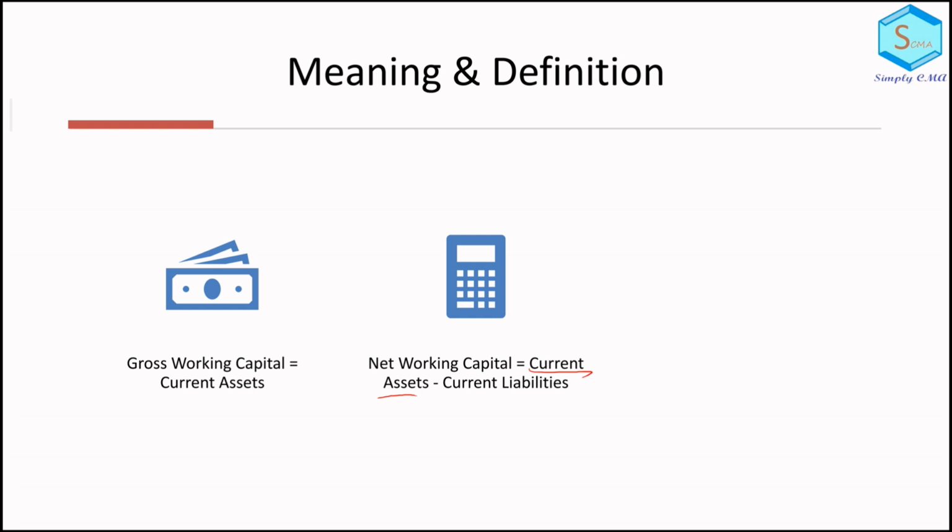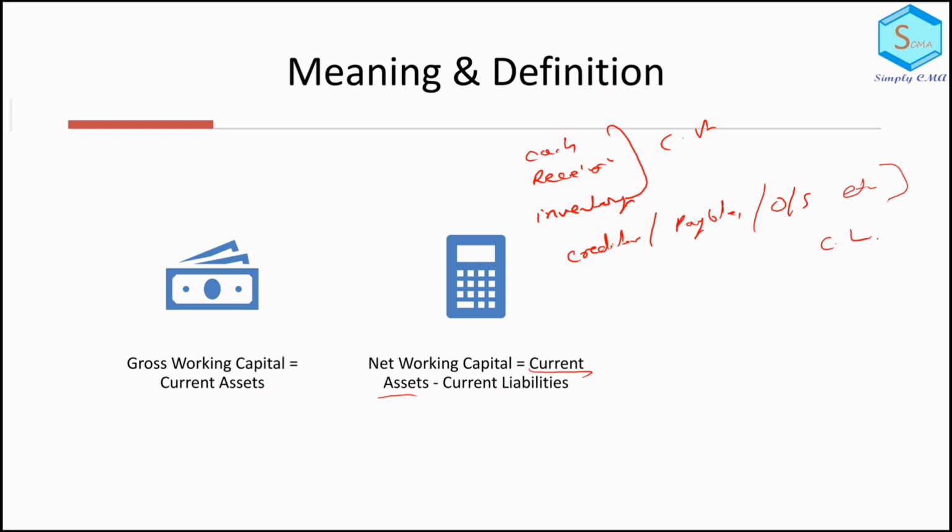Then what are those current assets? Current assets means cash, receivables, inventory, etc. Generally we already know, but I'm just telling now. Current liabilities means creditors, payables, outstandings, etc. These are all current liabilities.